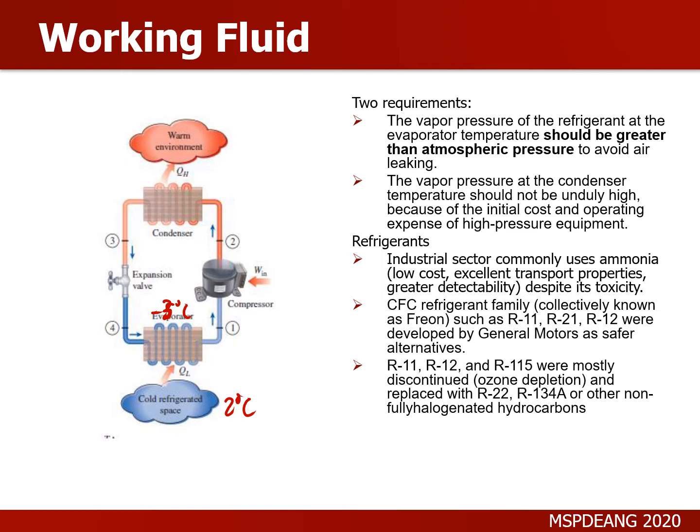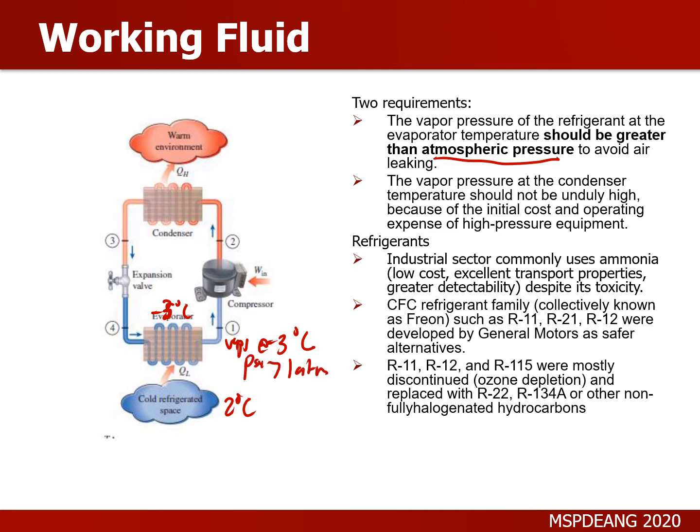However, one condition that you have to meet is that the vapor pressure of your refrigerant at the evaporator temperature at negative 3 degrees Celsius should be greater than atmospheric pressure. So dapat, kung vapor siya at negative 3 degrees Celsius, ang vapor pressure niya is greater than 1 atm.